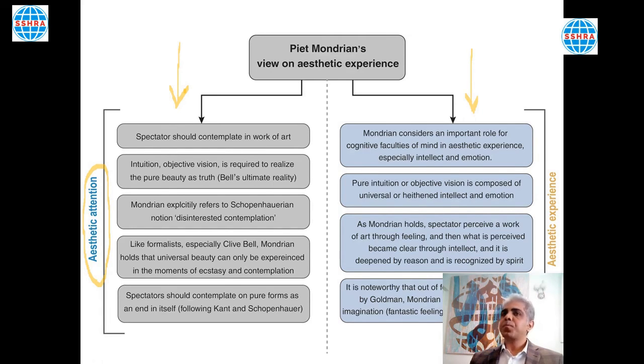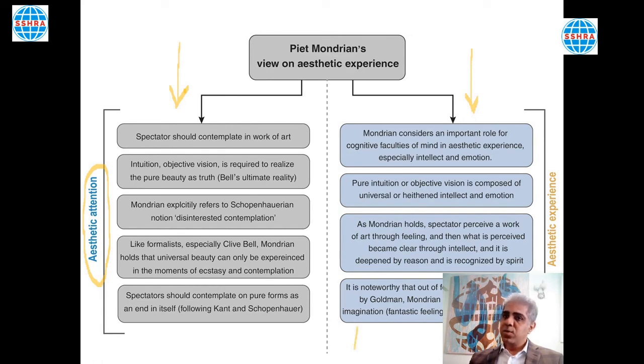that he considers a very important role for cognitive faculties of the mind in aesthetic experience, especially intellect and emotions. Pure intuition or objective vision is composed of intellect and emotion for him, and he holds that spectators perceive a work of art through feelings, and then what is perceived becomes clear through intellect, and it is defined by reason and recognized by spirit or consciousness.